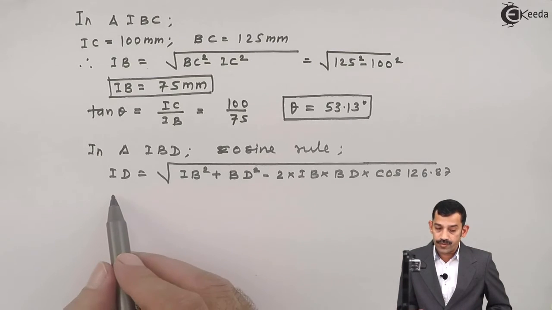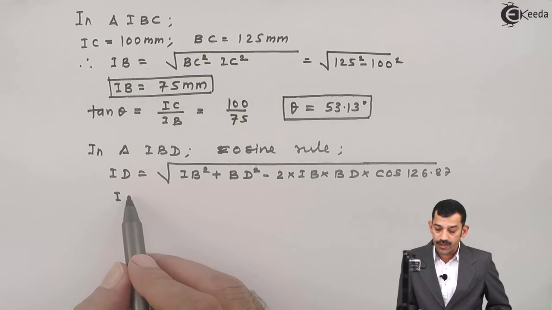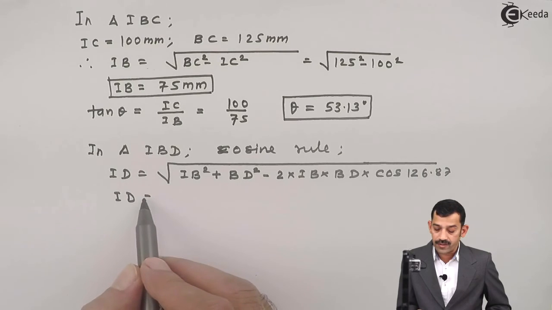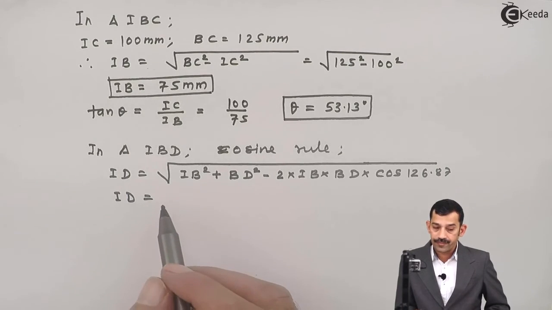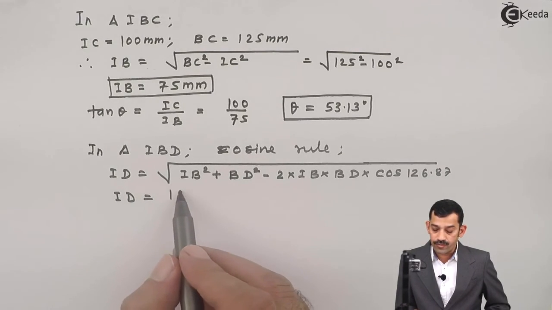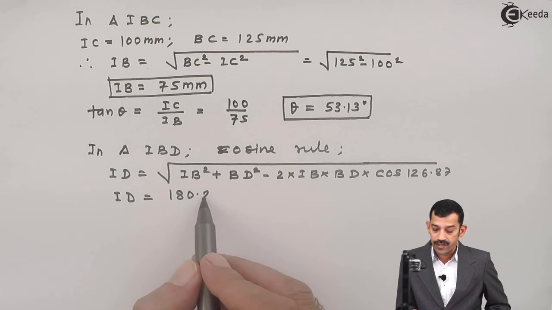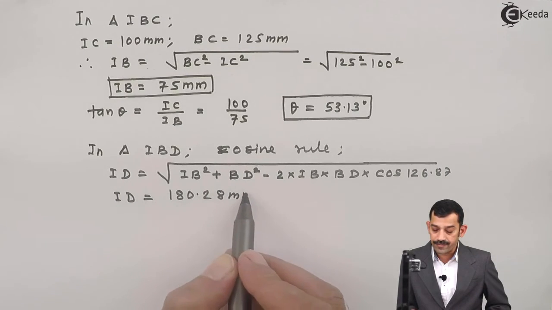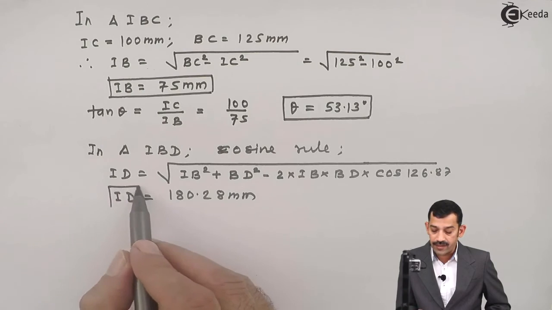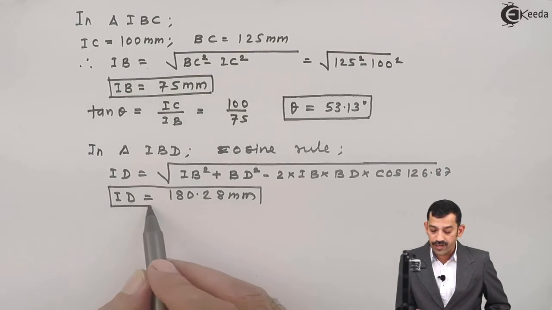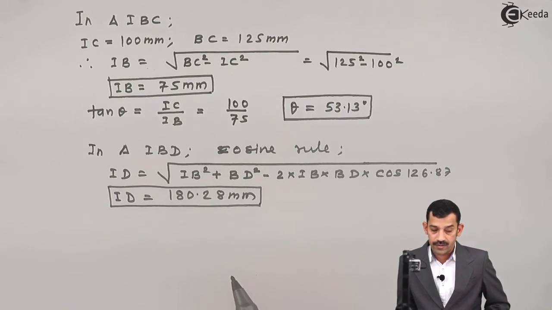IB length you know, BD length you know. Therefore, substituting values of IB and BD, this length ID comes out to be 180.28 millimeters.